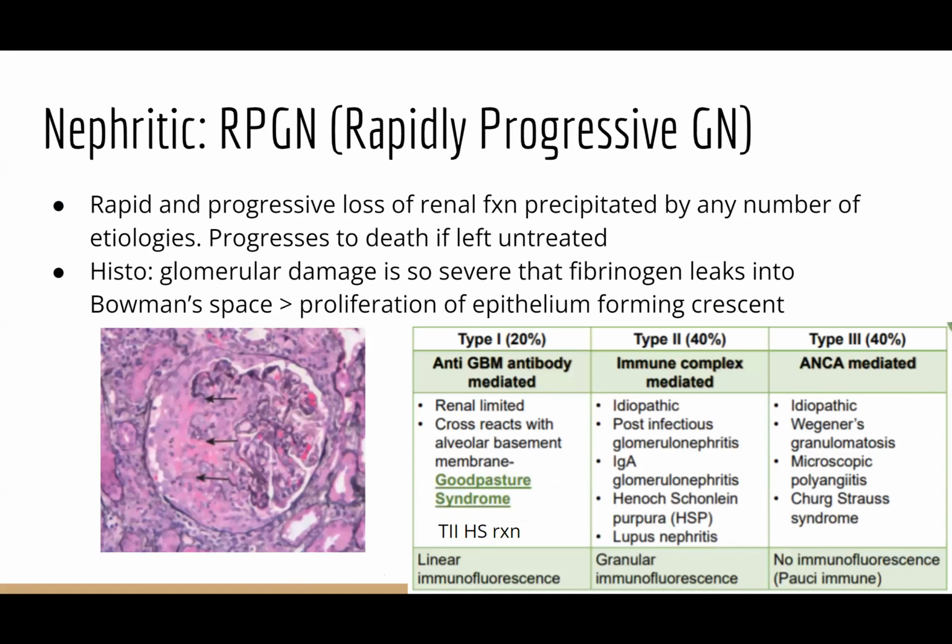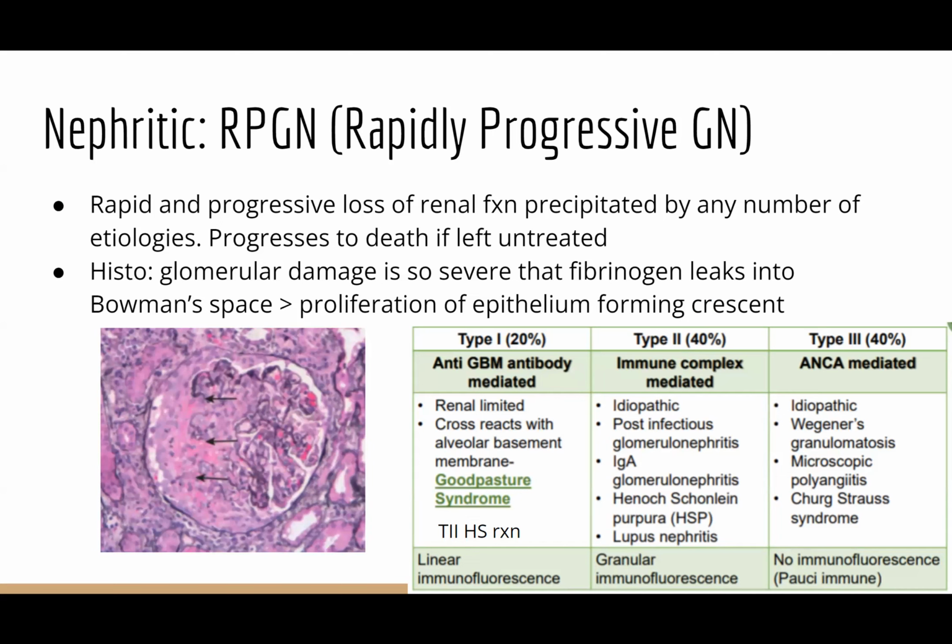And then rapidly progressive glomerulonephritis. This is a rapid and progressive loss of renal function, but it is the endpoint of other etiologies. It's not that this just stands alone. You have something else, and then you get to a point where you have rapid and progressive loss of renal function.